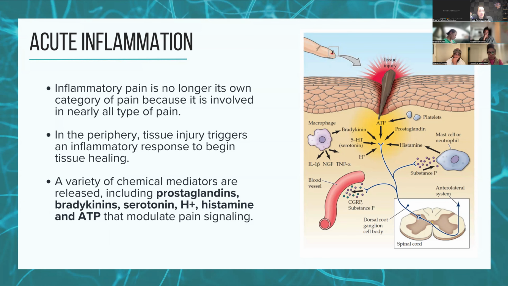Sometimes that can turn into a chronic pain disorder if those nociceptors never get an opportunity to reset and go back to their normal state. So inflammation is good in the short term. Inflammation is bad for the long term because it causes our neurons to physically, permanently change, so that you always have sensitivity and pain.